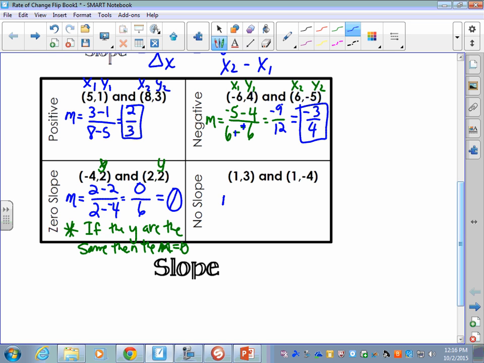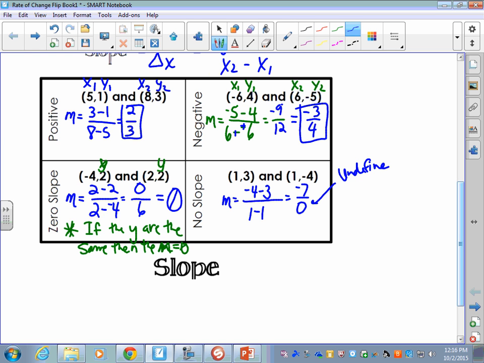So now on this one, the y's we can subtract because they're different. So we have negative 4 minus 3, but now the x's are the same, 1 minus 1. So negative 4 minus 3 will leave you negative 7. Now we have 0 at the bottom. We looked at this with our vertical line. What happens when 0's at the bottom? Yeah, it's undefined. Another way of saying undefined is no slope.